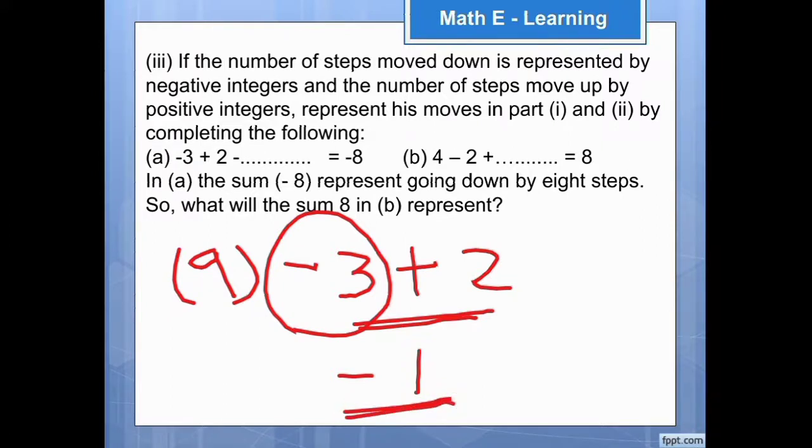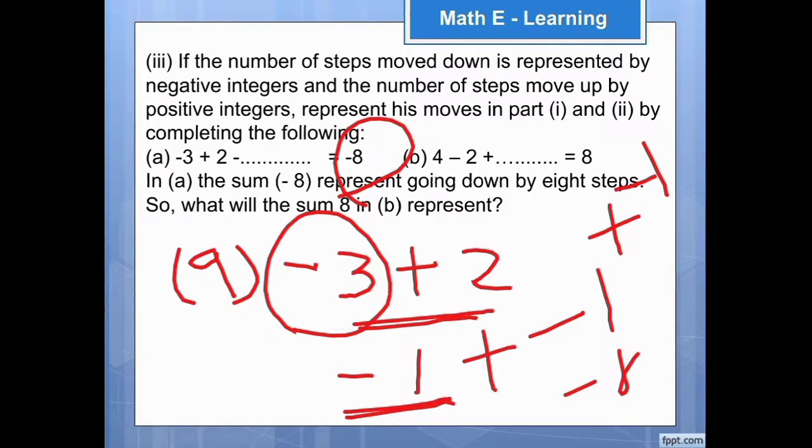Now think about this: how many times do you write -1 to get the answer -8? Yes, we can say 8 times. -1 plus -1 plus -1 plus -1.